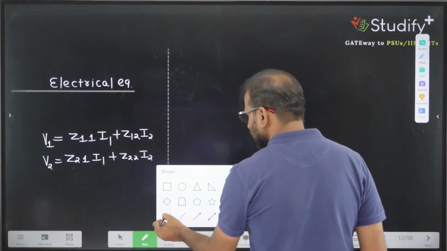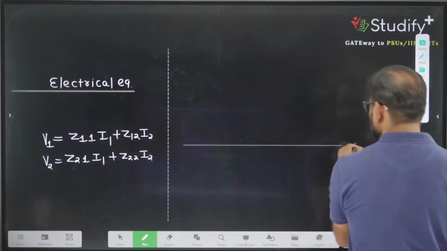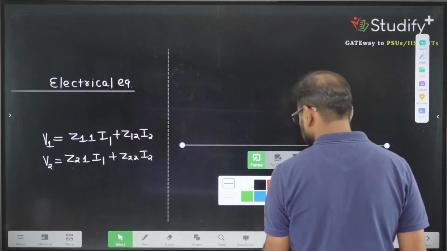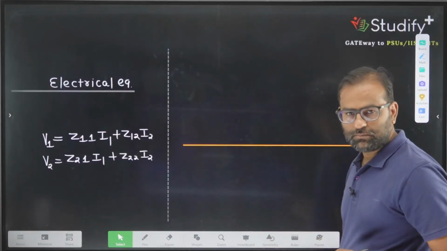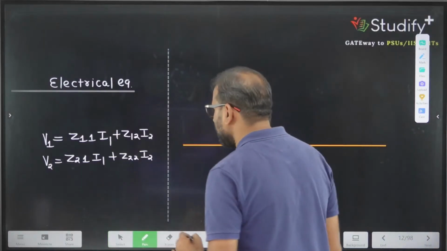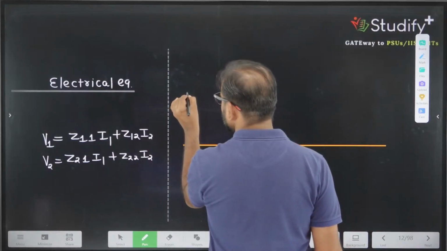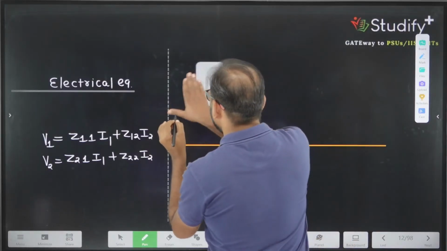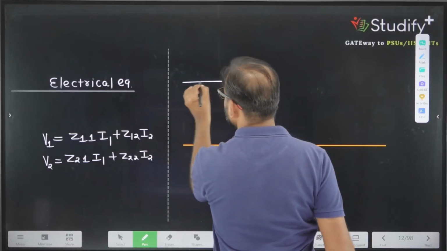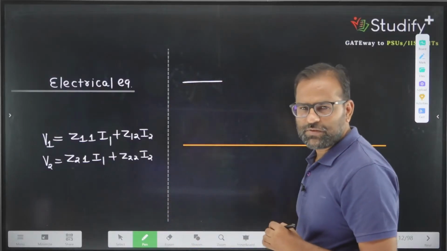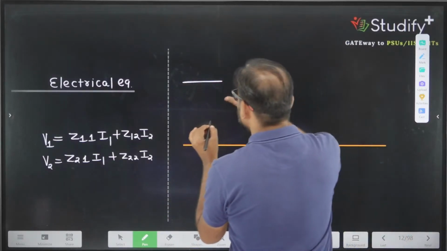So let's say I am making one port common to input and output. What is the first thing? First thing, you are having Z11. So this is your input port. I am writing it Z11. This is the electrical equivalent of the Z parameter network.